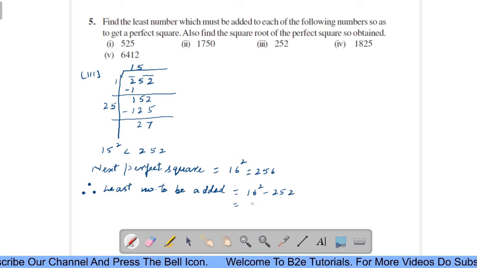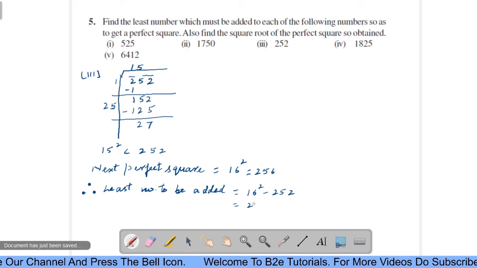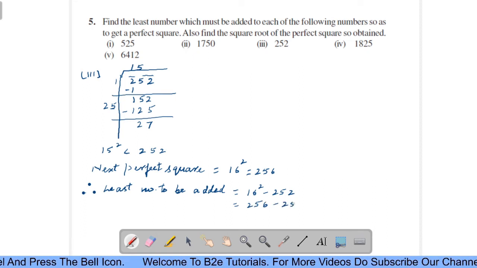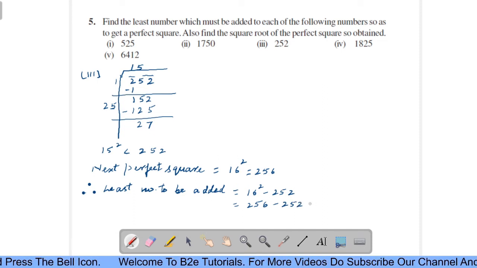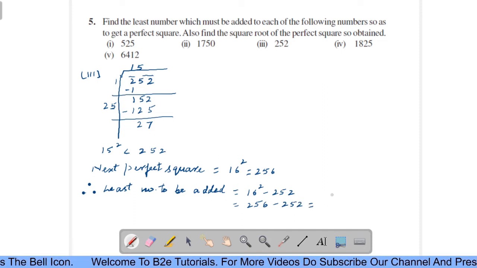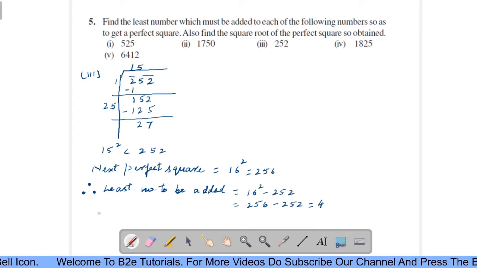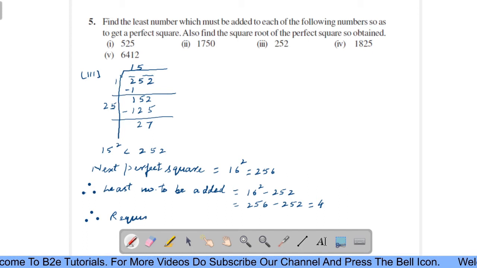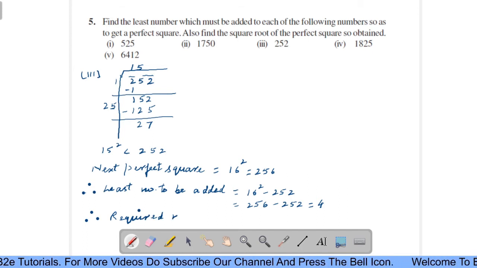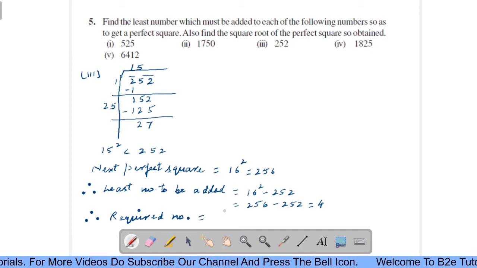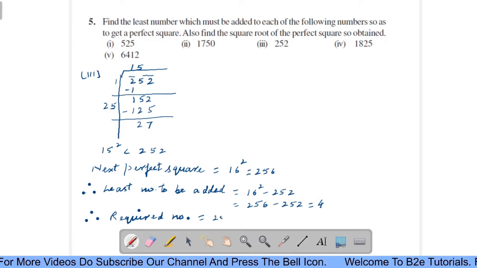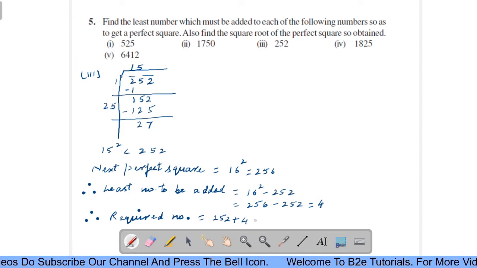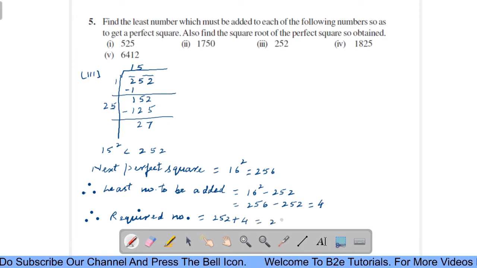What is 16 square? It is 256 minus 252. That is 4. Therefore, required number equal to 252 plus 4, that is 256.